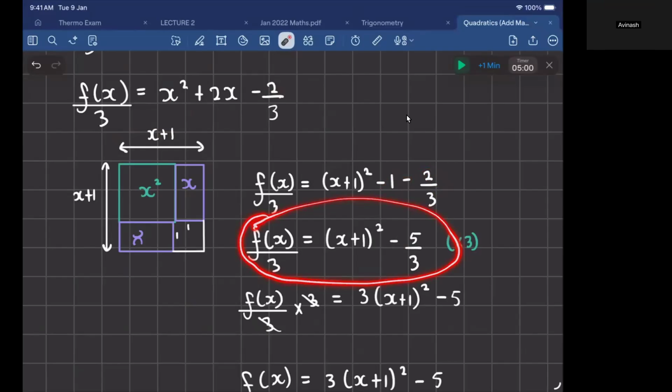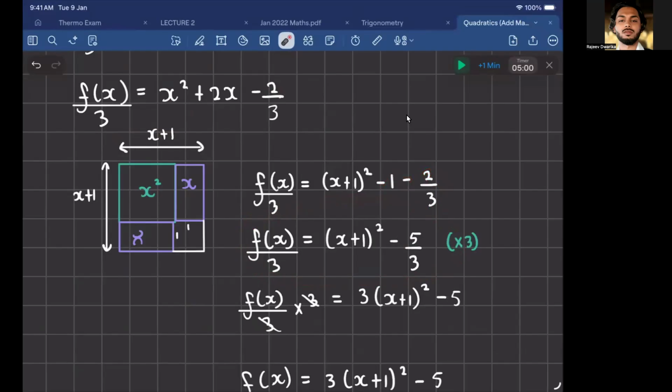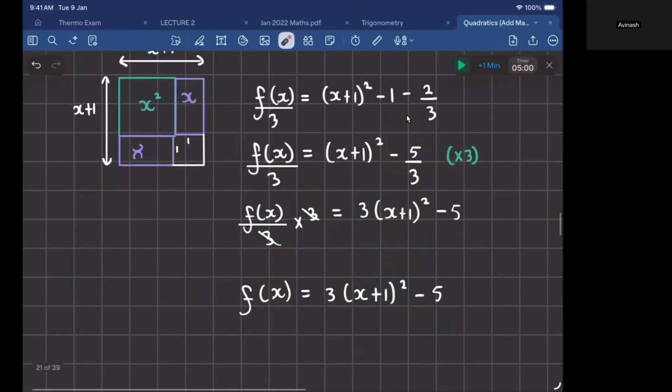A third, sir. Right. So if you want to get back the whole thing, you'd have to multiply a third by what? By 3. Exactly. If you multiply everything by 3, the 3 is gonna cancel off here and you're gonna get back f of x. On this side, the 3 is going to multiply by the x plus 1 squared. And Avinash, if I multiply this by 3, the 3 is gonna cancel off. Yes, sir, and you'll just get left with the minus 5.